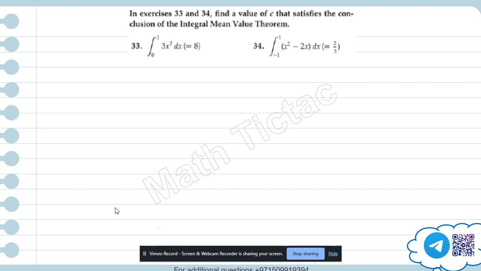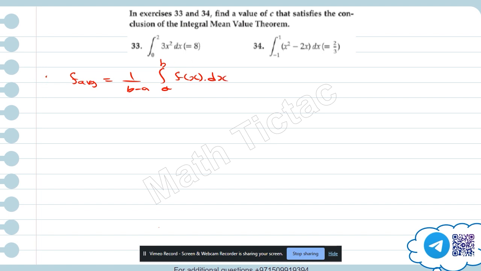Okay, so now let's move to the next part, which is exercises 33 and 34. Find the value of c that satisfies the conclusion of the integral mean value theorem. This conclusion is the f average, which is 1 over b minus a, multiplied by the integral from a to b of f of x dx.